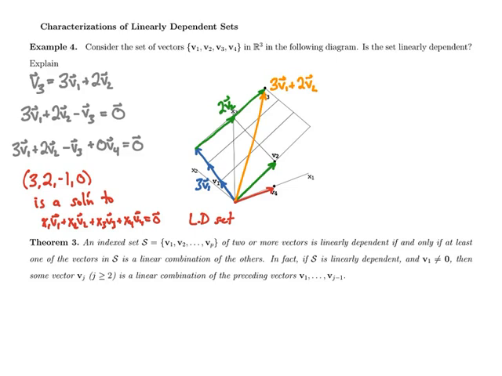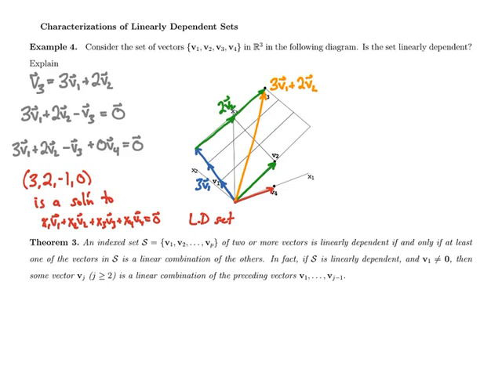In fact, if S is linearly dependent and v1 is not the zero vector, then there's some vector vj that's a linear combination of the preceding vectors. That second part is just talking about that they're indexed, that they're written in order. But the key here is that if it's linearly dependent, you can write at least one of the vectors as a linear combination of the others.